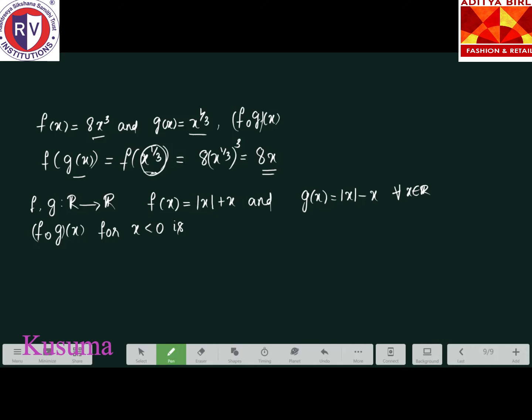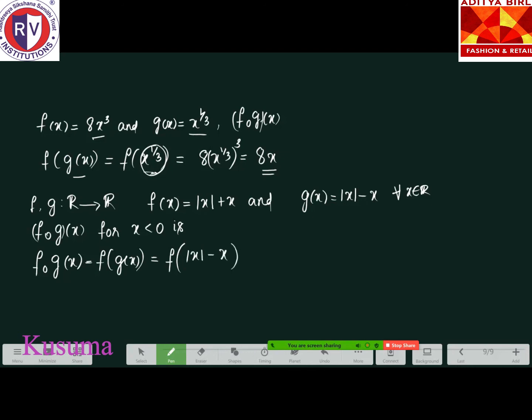So this is also a similar one, the composition of functions. F composition g of x is nothing but f of g of x. So here g of x is given to be mod x minus x, that is f of mod x minus x. Now this is the entire term.